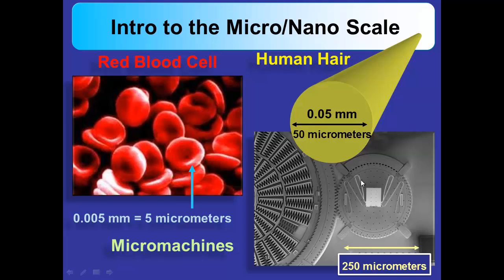We'll be looking at some micro machines that have gears and other mechanisms on this scale. For example, there's a micro gear right here that's about 250 micrometers, or 1/4 of a millimeter, in diameter, and you'll see some small holes that go through the surface. Those are about 2 micrometers in diameter, so even smaller than the red blood cell. So a red blood cell would not be able to pass through these small holes in the gear.